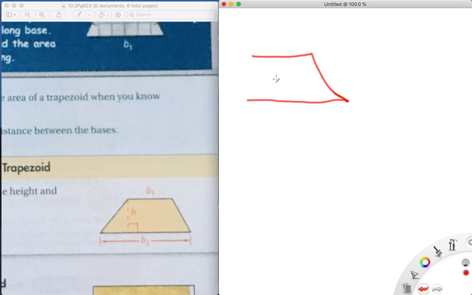Here's our base 1, here's our base 2. We have this dashed line in the middle, and this dashed line is always perpendicular to both bases, meaning it forms a 90-degree angle with this base, and this line also forms a 90-degree angle with the other base.